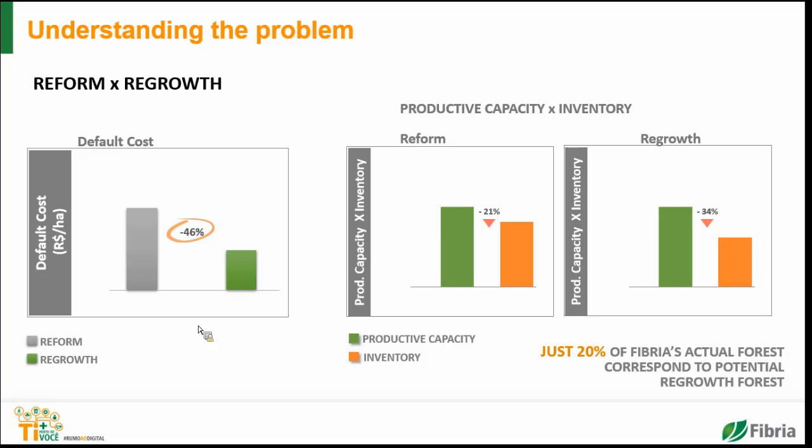So all these points motivated the business areas, that was the technology center and the forestal area, to go to the IT team and start to talk about doing a predictive project in this approach.